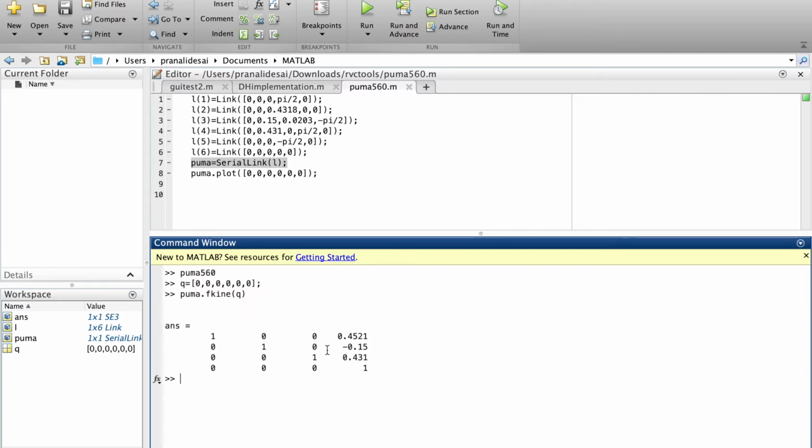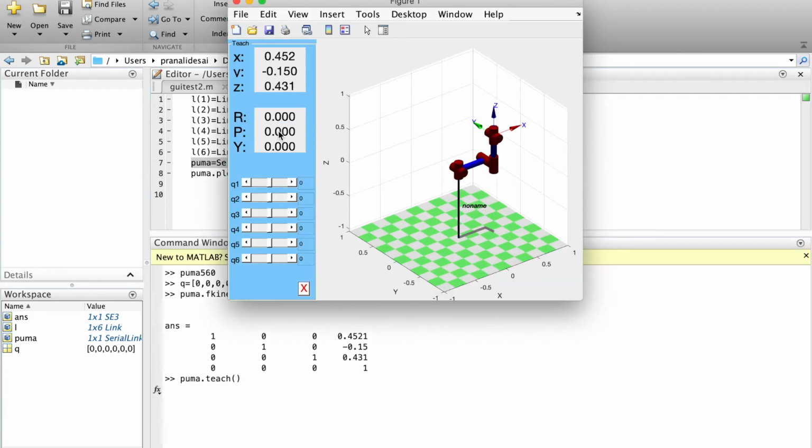And we know that the matrix's last column tells you the position, that is the X, Y, and Z positions of the end effector. To validate this, we'll do puma.teach. I have told you about the .teach function in the earlier videos. Do have a look at it if you are not aware of it. Once I do that, I get the angles along with the position.